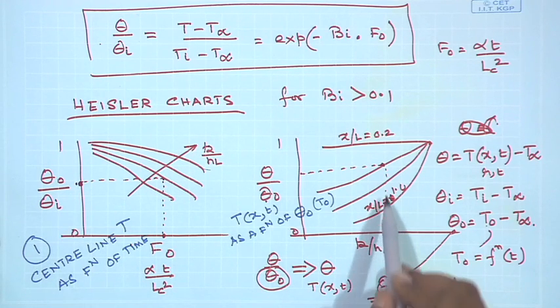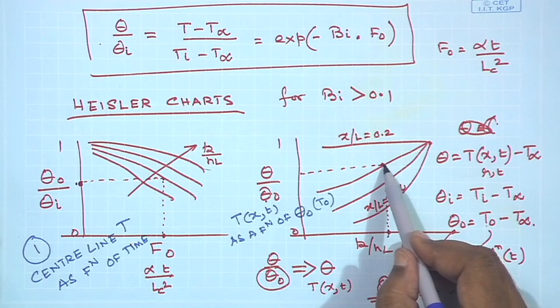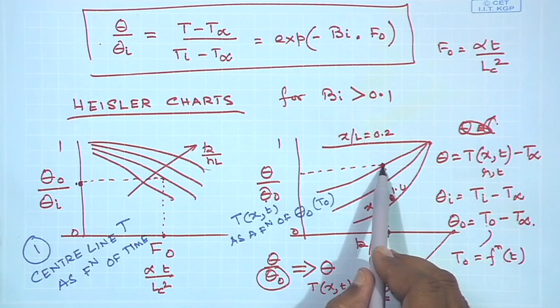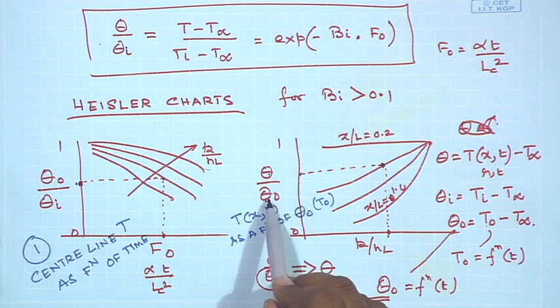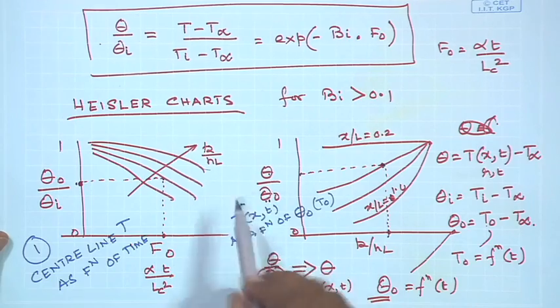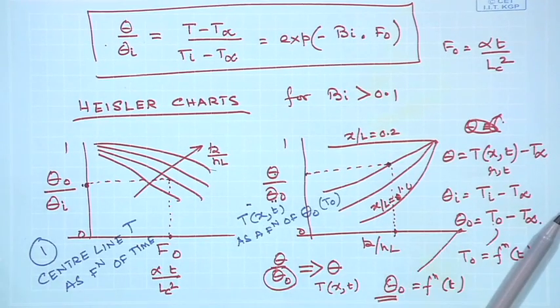For the second one, these lines are for different locations. At the desired location, it gives the value of theta, that is the temperature, as a function of the central line temperature. Using these two graphs together, I would be able to find out the temperature of a solid object at a given location and at a given time.